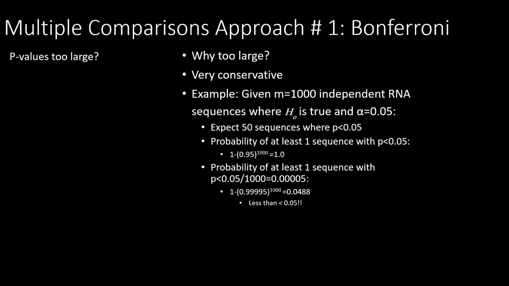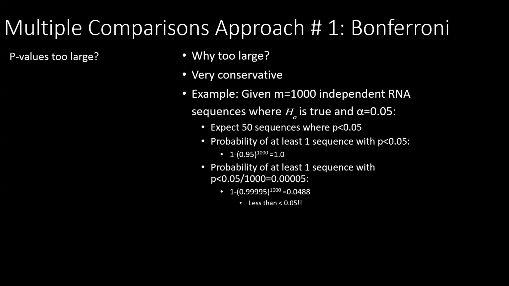So why are we saying that there's the concern that this is too large, even among proponents of multiple comparisons? Well, it tends to be on the conservative side. And I think this is the only equation I have in here, so bear with me. But as an example, let's say we're testing 1,000 independent RNA sequences where the null just happens to be true for all 1,000 of these. And we set our threshold for type 1 error at 0.05.